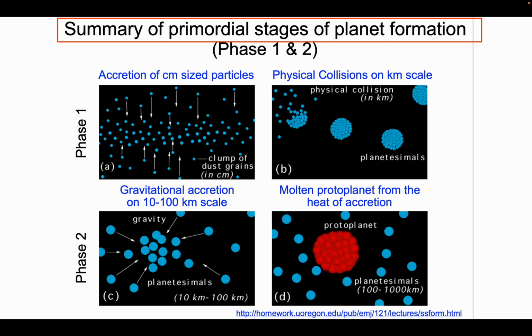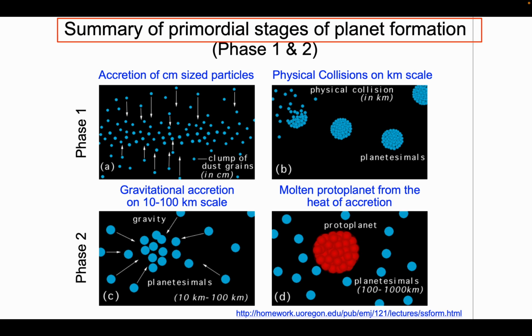This clumps together and forms centimeter, then kilometer size objects, less than a kilometer size. Those are known as the planetesimals. So first is the accretion of centimeter size particles, and then the second stage is the physical conditions on the kilometer scale, so that the kilometer scale particle can persist and form the planetesimals.